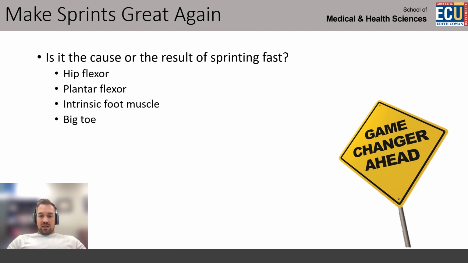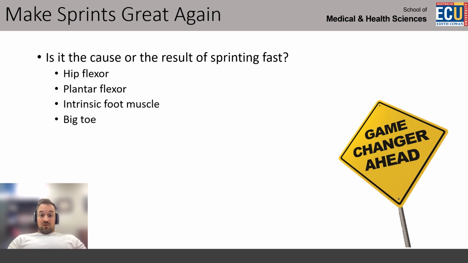But are we really overloading these structures with single joint big toe curls? We've seen how much force or torque those structures generate or express during maximum sprinting velocities. And I think it's most unlikely that you can overload these structures in a gym somehow that manifests in a meaningful transfer for sprint performance.